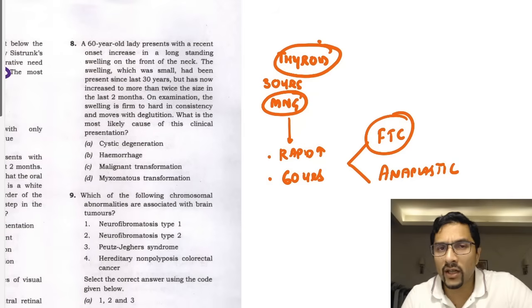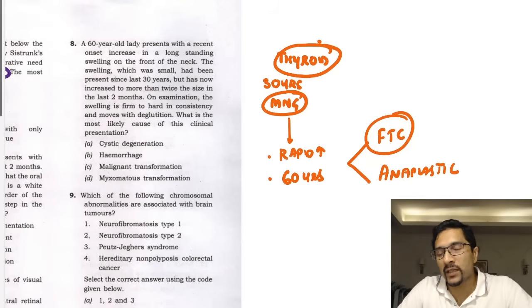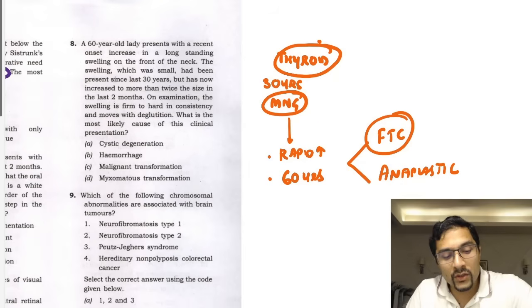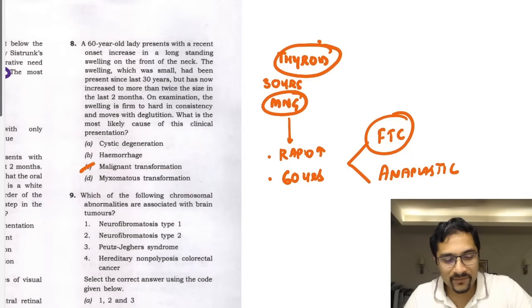Anyway, they are not asking what the histology is, whether follicular or anaplastic. It could be either, but we know follicular is more common because of a long-standing multinodular goiter. So here it has undergone malignant transformation, whether FTC or anaplastic, we don't know, but this is what we had to mark in this answer.